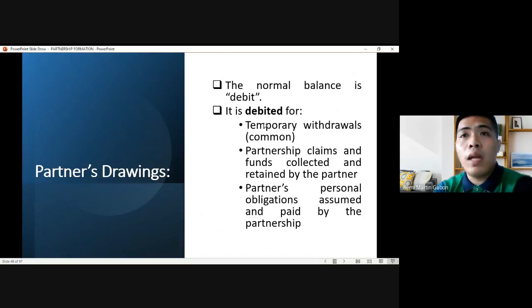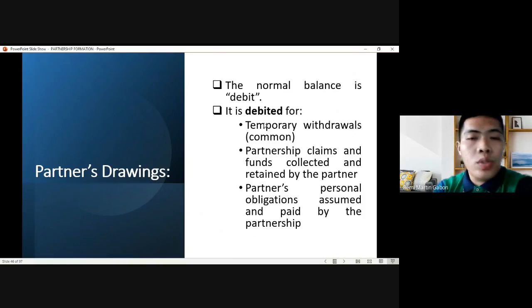So if a partner collected something which refers to partnership claims and partnership funds, then the partner can keep it, and the partnership can charge it as a drawing.